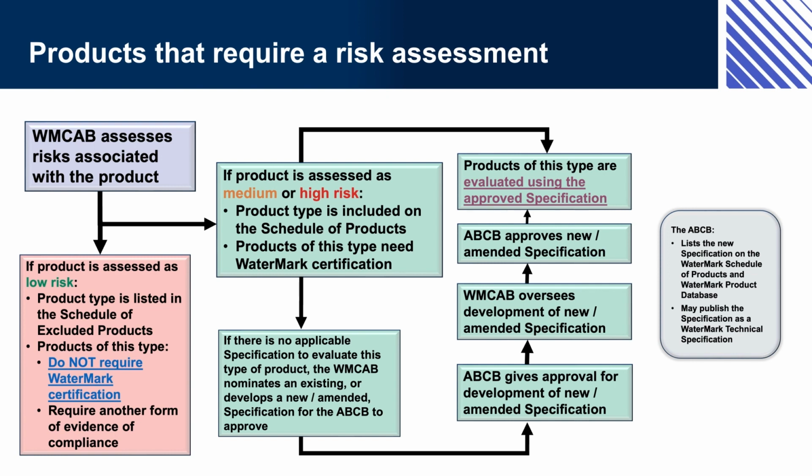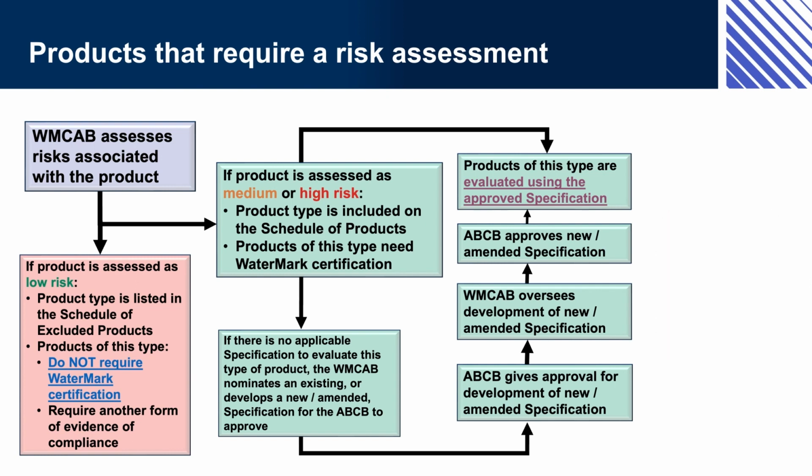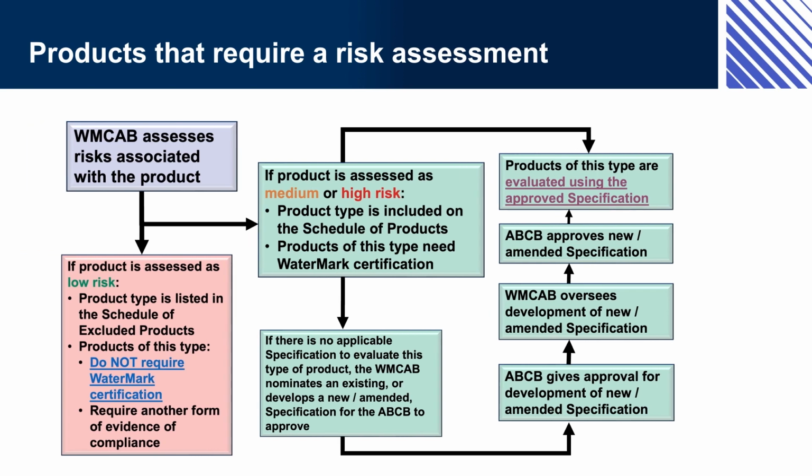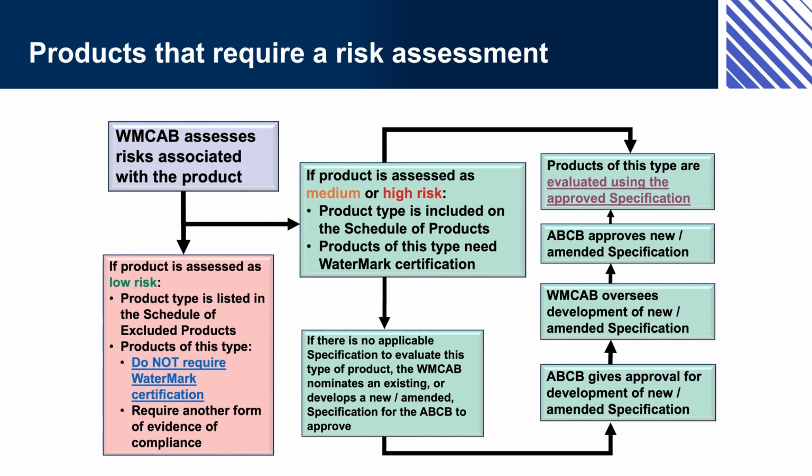Remember that this is the process that is followed for types of plumbing and drainage products that do not appear on either the WaterMark Schedule of Products or the WaterMark Schedule of Excluded Products. These are types of products that have not yet been risk assessed. This process identifies the likely risks of the particular type of products and their possible consequences, and assigns a risk rating to that type of product.